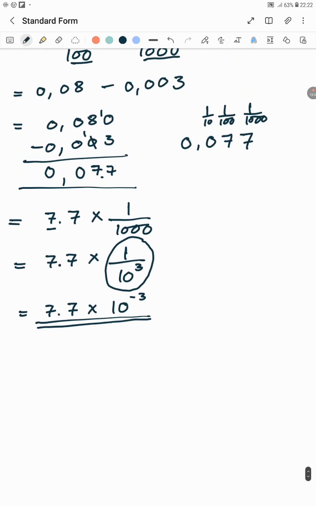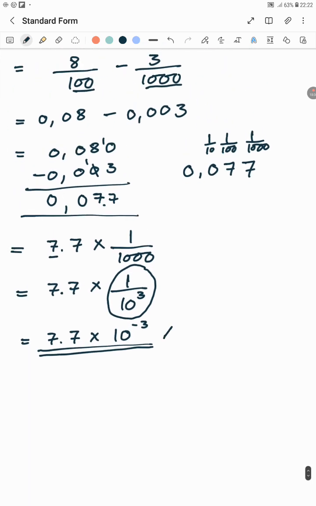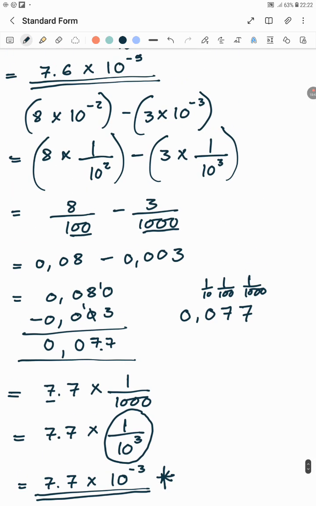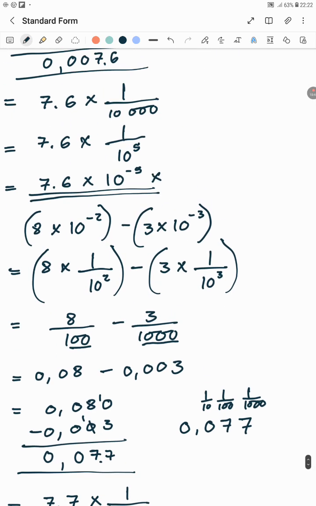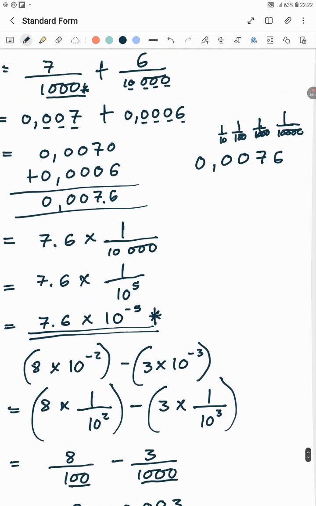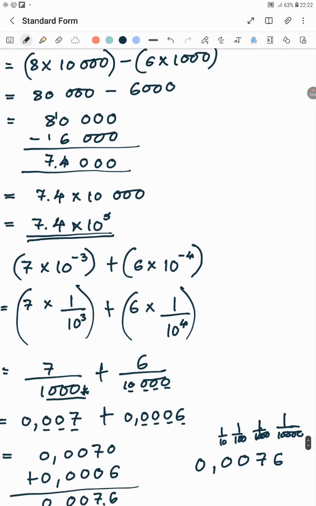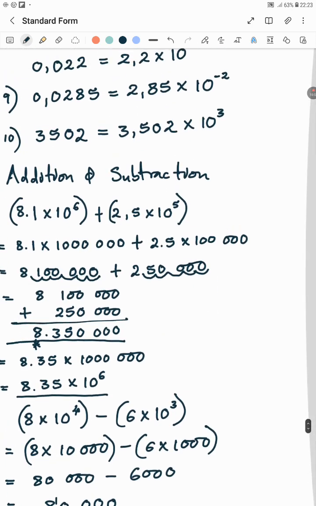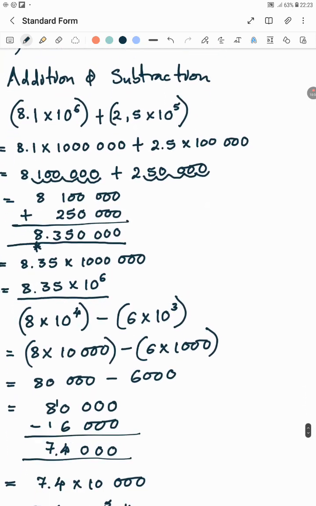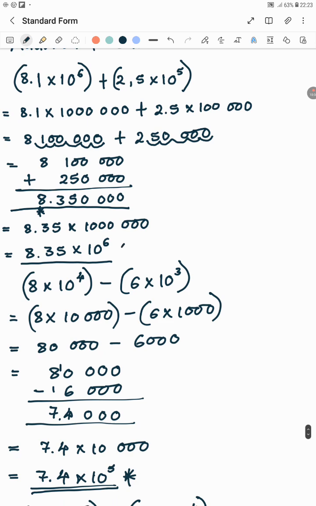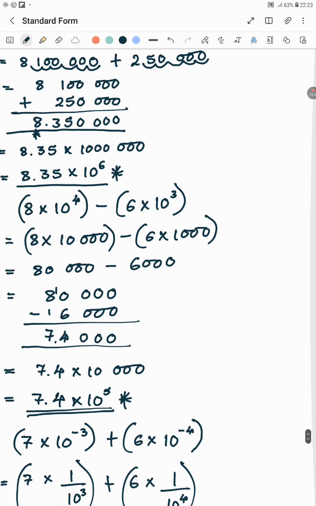And as you can see, this is in standard form, and this answer also is in standard form, and this one also standard form, and this one also is in standard form.